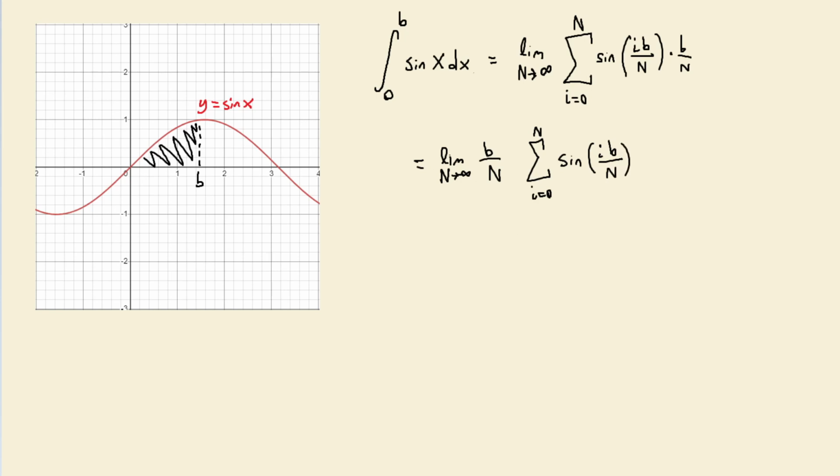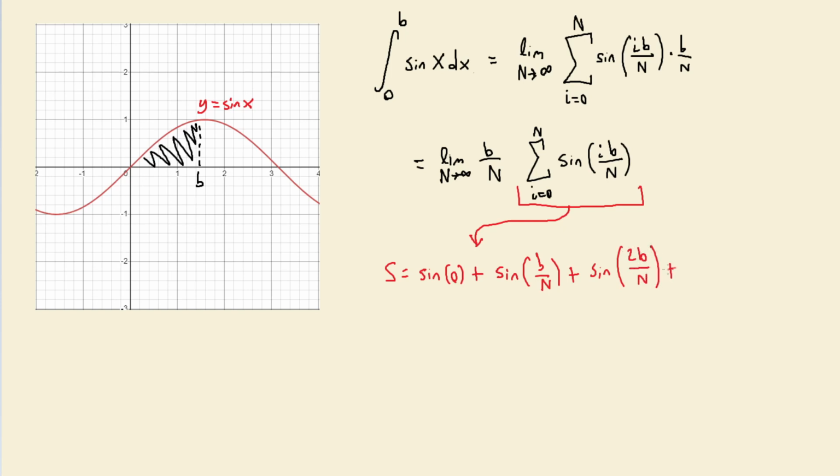Now, in order to deal with the sum, I'm first going to write it out, and I'll do this in a different color. This is just this part that we're dealing with right here. So this sum is going to be equal to, written out, first sine of 0. Then we're going to add sine of b over n. Then we're going to add sine of the next value, which would be 2b over n.